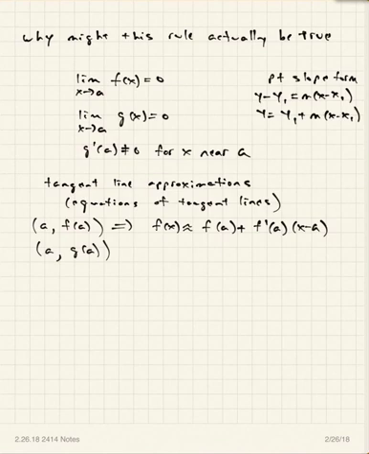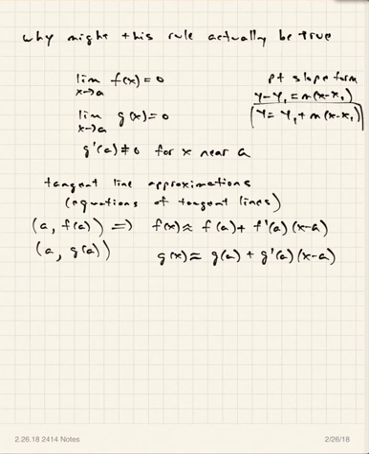And g of x, its tangent line approximation would be g of a plus g prime of a times x minus a. Again, don't freak out on those two forms right there. Those are simply the point slope form, and I just added the y value to both sides of that equation.